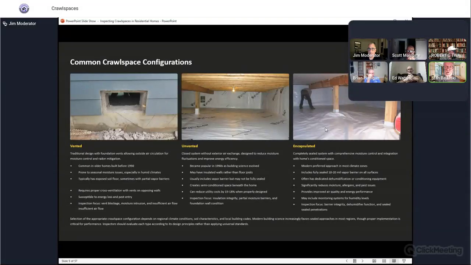So they usually do come with some kind of sophisticated dehumidification system. They always need to be serviced. I don't think the homeowner is going to go in there and check to see if things are working properly. So when I do run across these, several of the companies in our area will put a sleeve on there with their paperwork in it and when it's supposed to be inspected, service next.